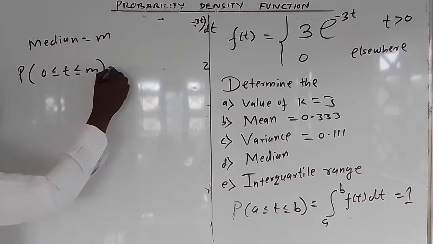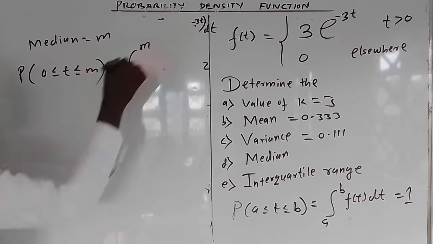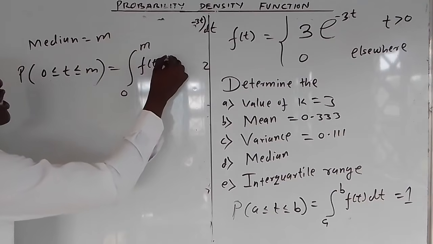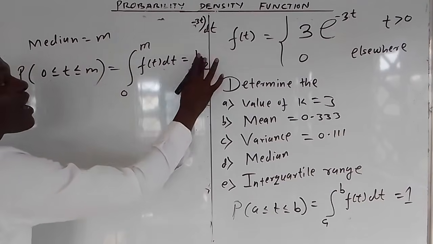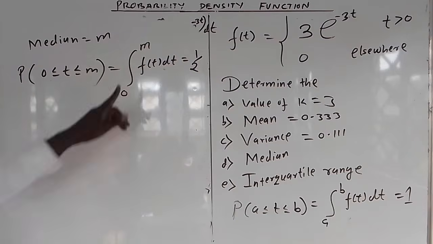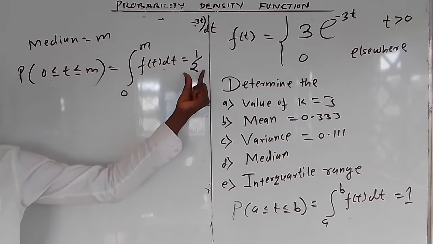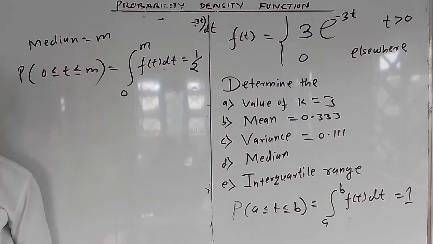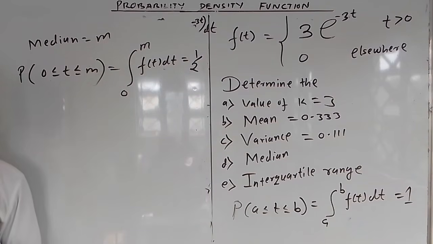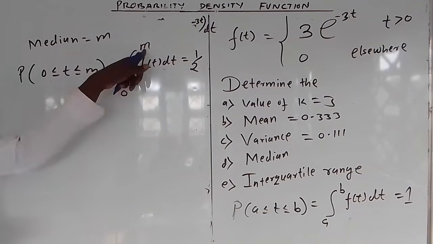You are supposed to be integrating from 0 to median of f of t dt, and you are supposed to get a half, because the median is half of the whole probability, which is 1. So when you are dealing with the median, it's supposed to be equal to a half. Are we together? So the task here is to get m. The task here is to get the median value.